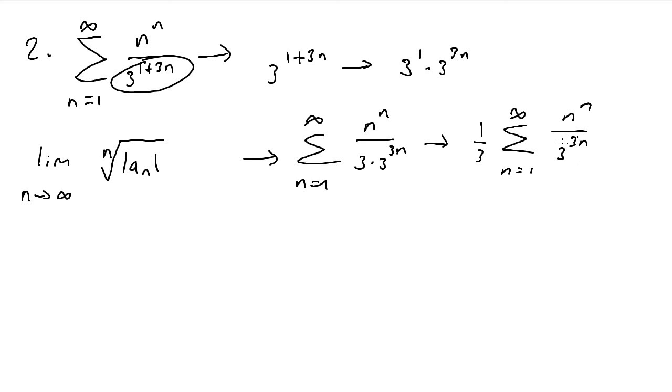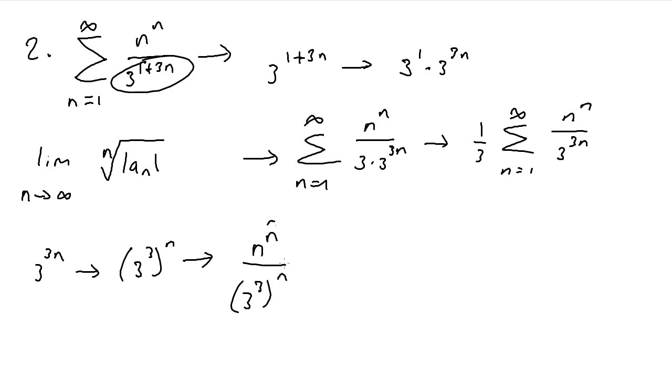Now I can expand this even more, because I can rewrite 3 to the 3n as 3 cubed to the n power, because whenever you have a power to a power, you multiply the powers. So 3 cubed to the n power is the same thing as 3 to the 3n. So then I can rewrite it as n to the n over 3 cubed to the n power.